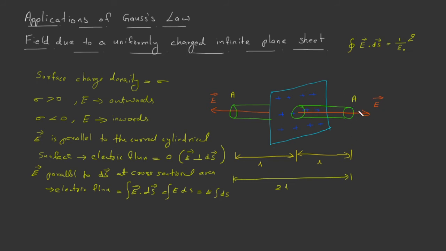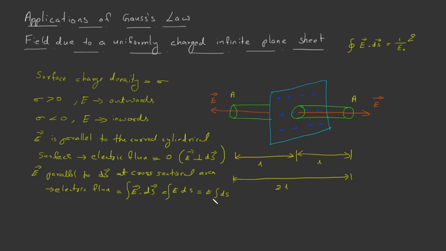For one cross-sectional area, the integral of ds is the area of this cross-section, and we take the area of this cross-section as A. But we know there are two cross-sectional areas here through which electric field passes.